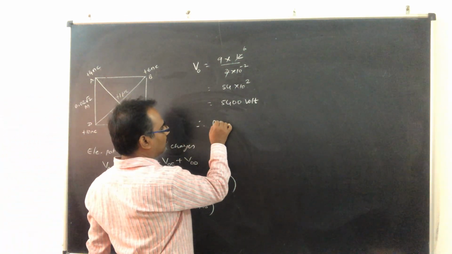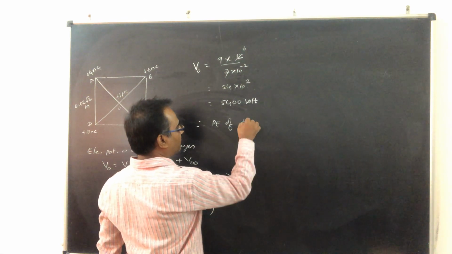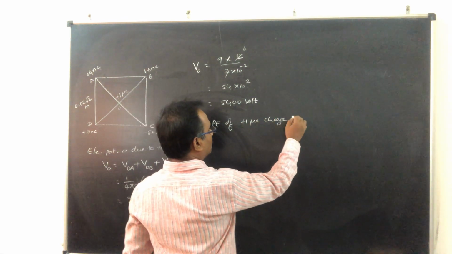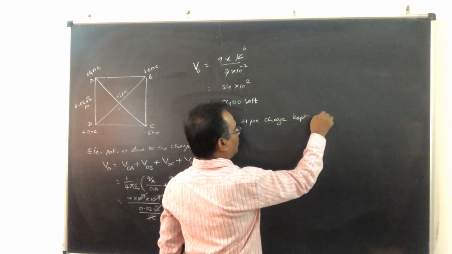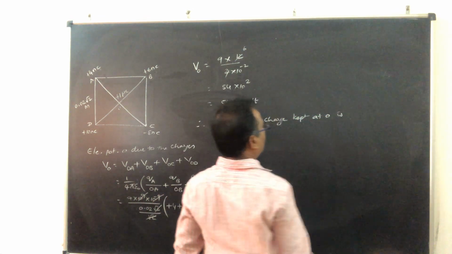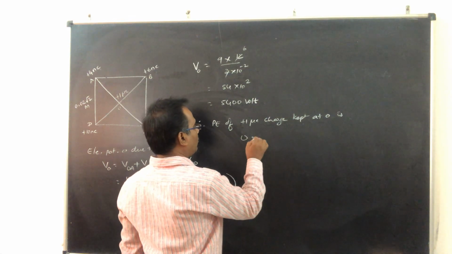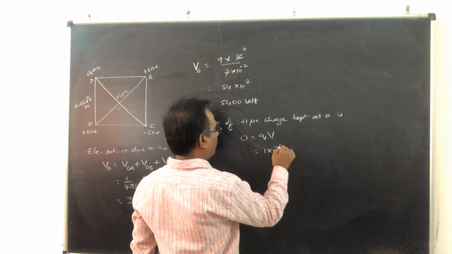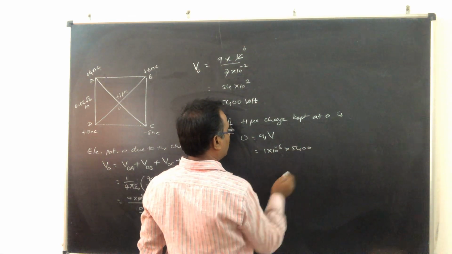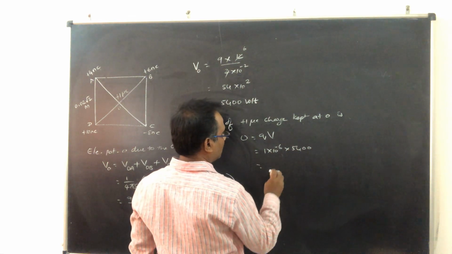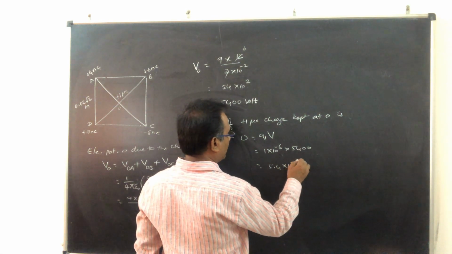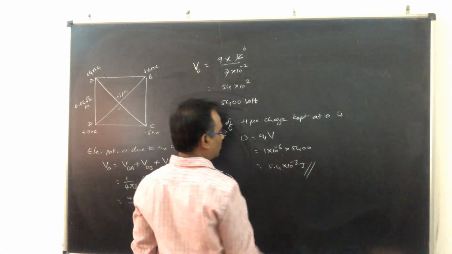Therefore, potential energy of plus 1 microcoulomb charge kept at O is U is equal to Q into V. So 1 into 10 to the power of minus 6 into 5400. So this is 5.4 into 10 to the power of minus 3 joule.